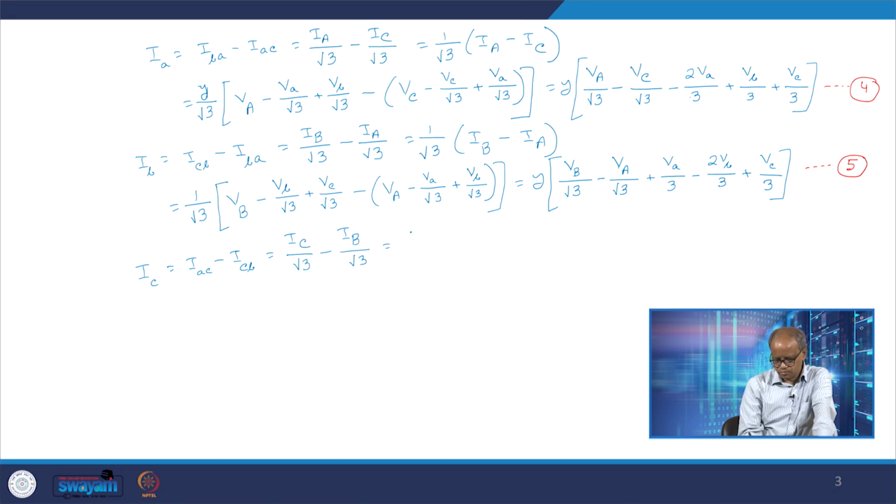So it is 1 by root 3 into I capital C minus I capital B. If I take common, here there is one mistake, it should be Y. So it should be again Y by root 3.